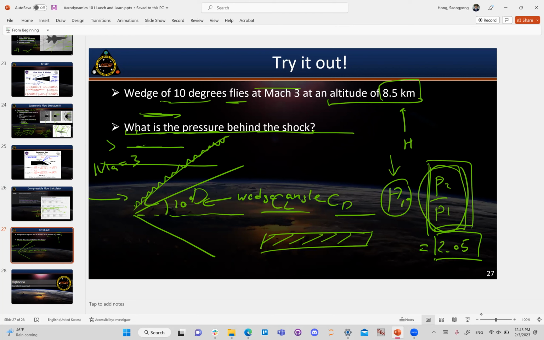Isn't it just, because we're going at Mach 3, the information that we're sending is not traveling ahead of us, so wouldn't it just be the static pressure? Yes. So P1 is the static pressure of the fluid before it hits the shock wave.